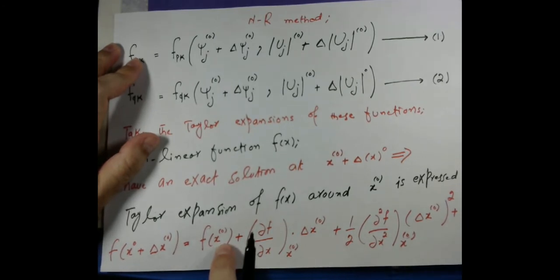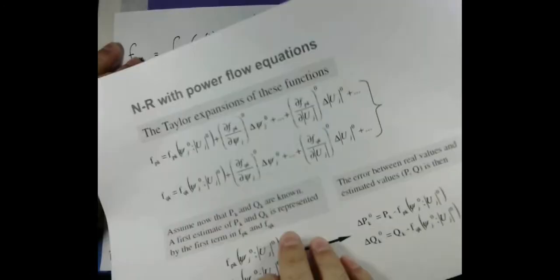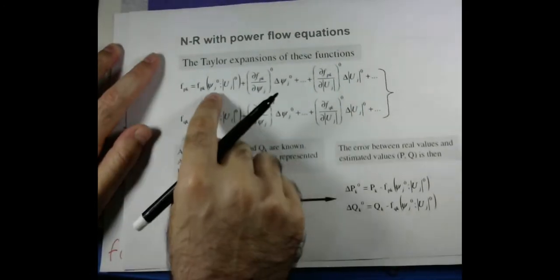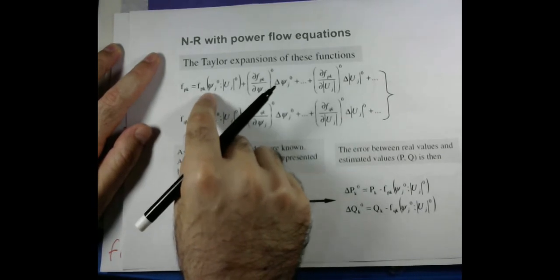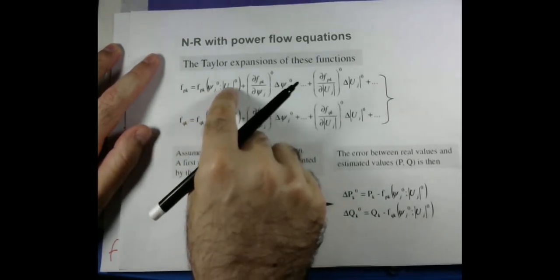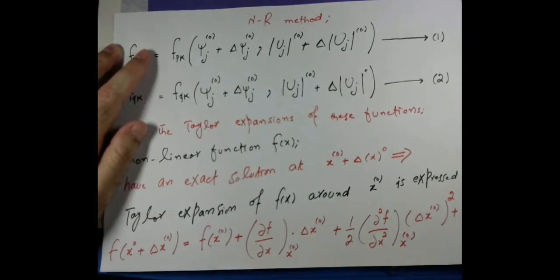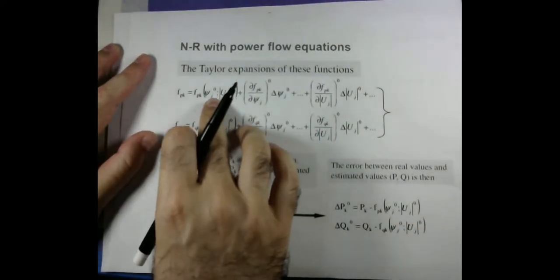Now we have two variables: one is the angle, one is the voltage. So it will look like that. You see, for Pk, which is the active power, and the term similar to this one, with the two variables involved, angle and voltage, it can be written like that.